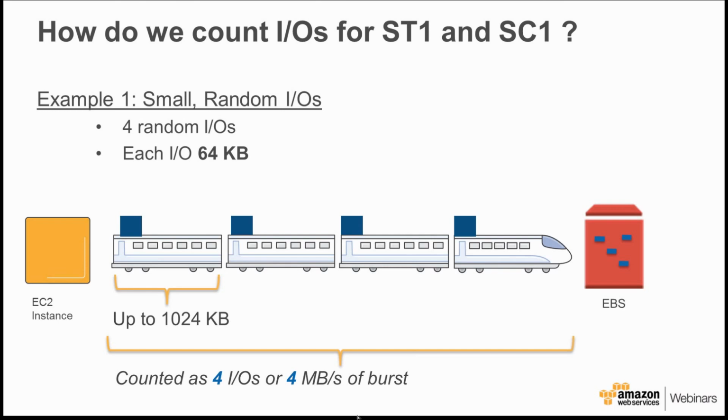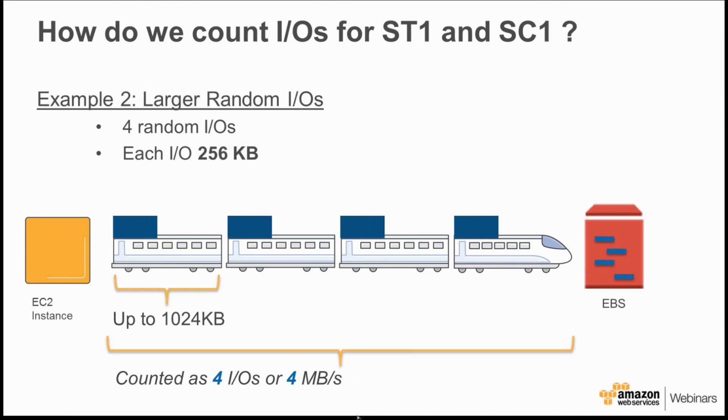And since they're random, we can't merge them together. They're random across the disk, so they're going to count as 4 I/Os, or in this case, 4 megabytes per second of burst. So although we're sending 4 times 64 kilobytes, only 256 kilobytes of data, say in 1 second, we're going to count that as 4 megabytes per second. So not really ideal for random small IOs for ST1, SC1.